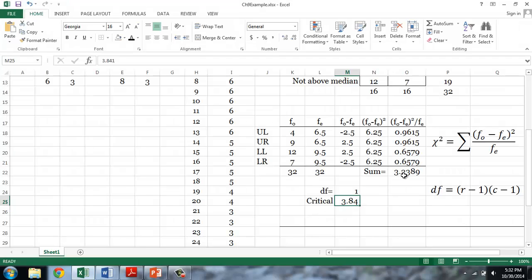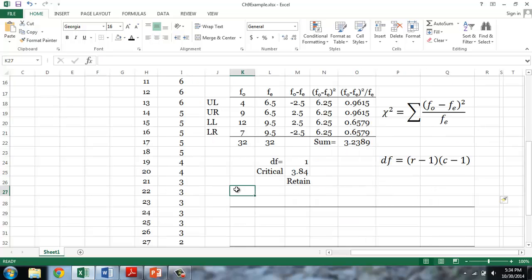Since our calculated chi-square 3.24 is lower than our critical value, we retain the null hypothesis. In other words, it is possible that there is no difference in evaluations by students when told that the author of a written piece is a man versus a woman.